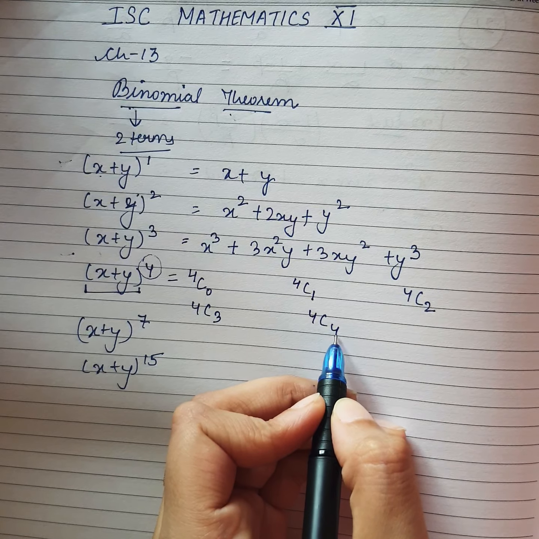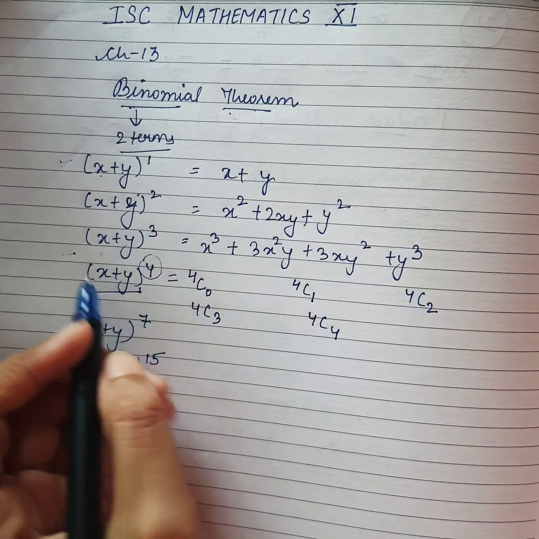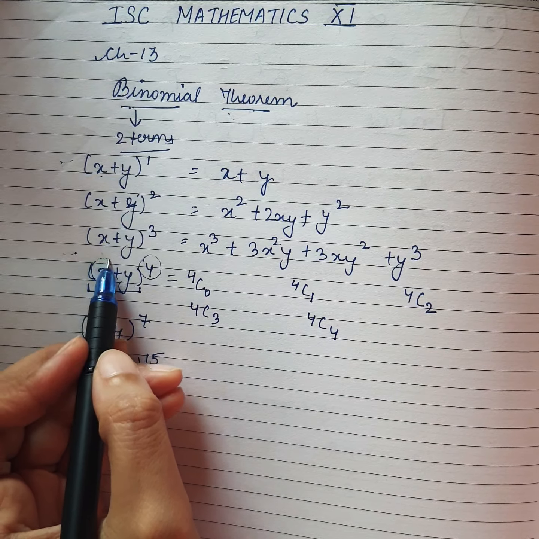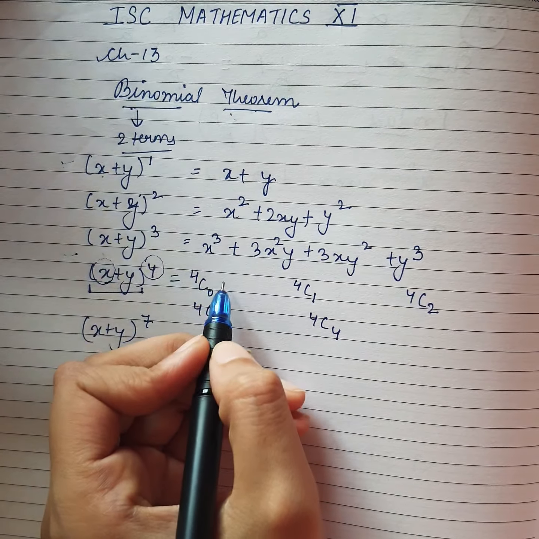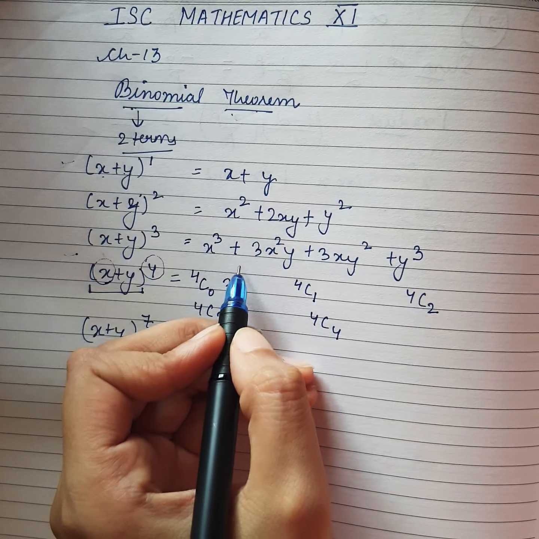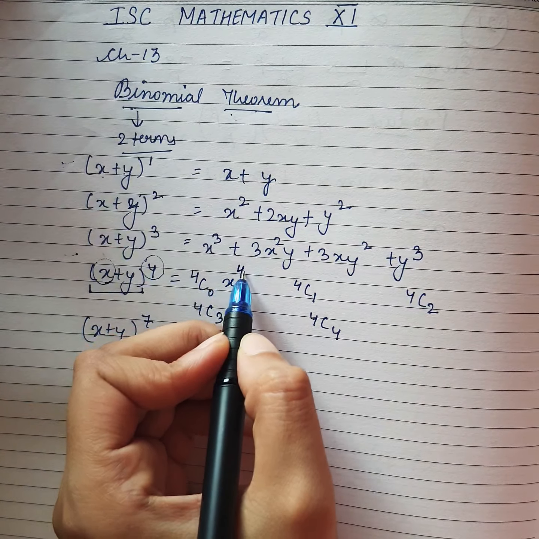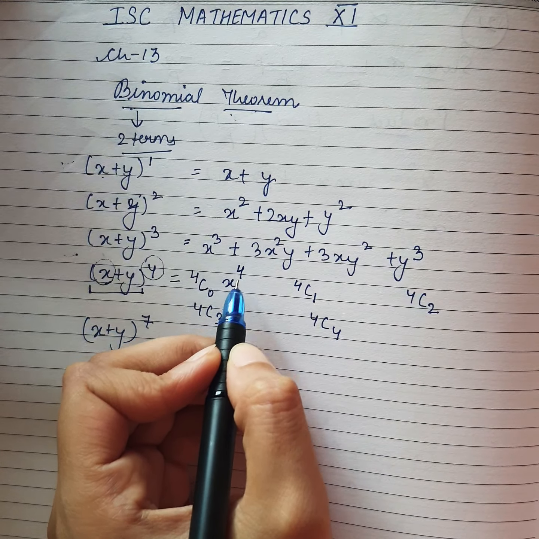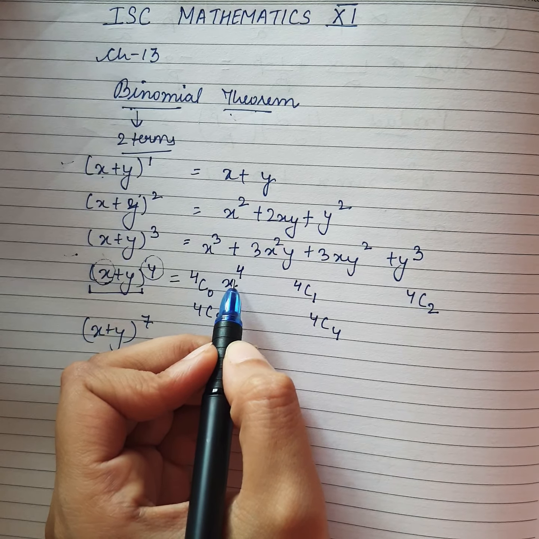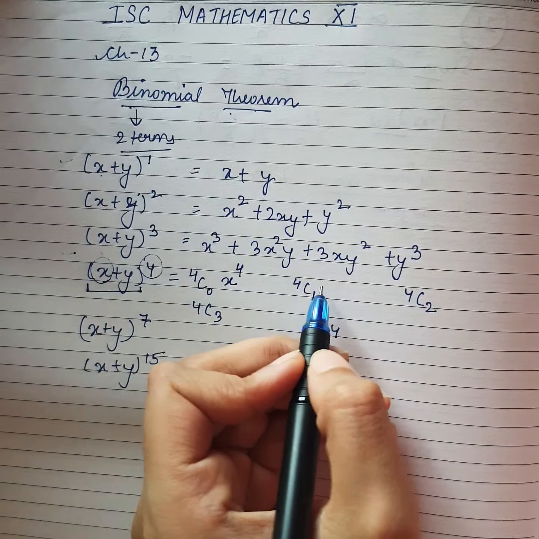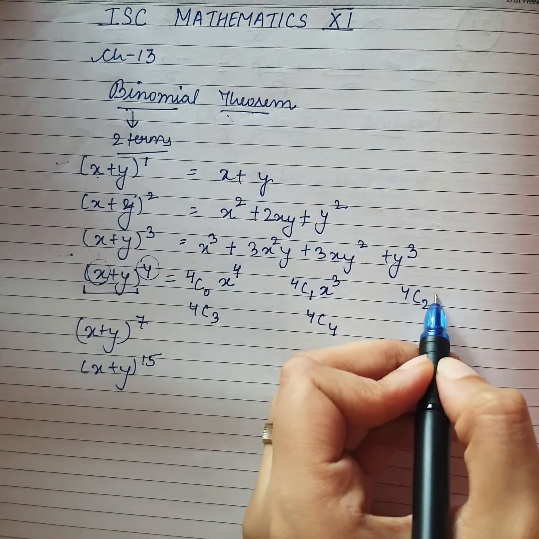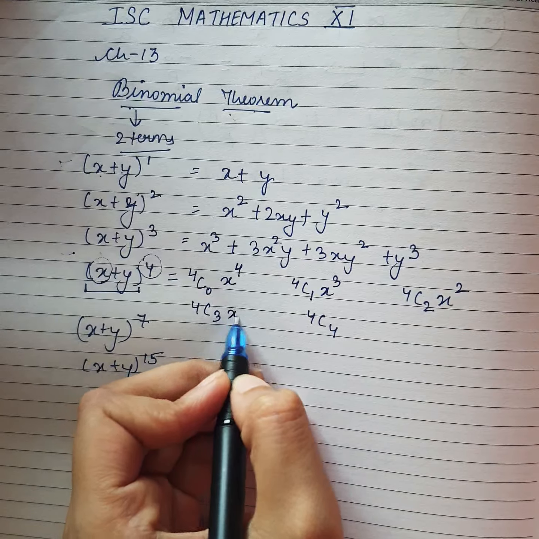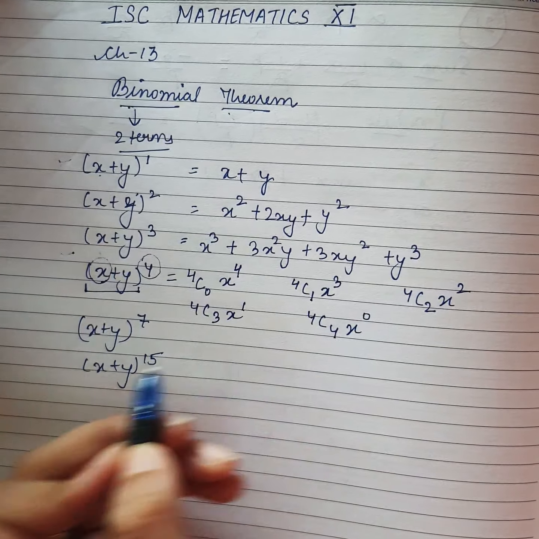When it becomes equal, we will stop. Then we will pick up the first term of the binomial, which is x, and raise it to the highest power, which is 4 in this case. Then the power of x keeps on reducing term by term. This is x^4, x cube, x square, x to the power 1, x to the power 0.